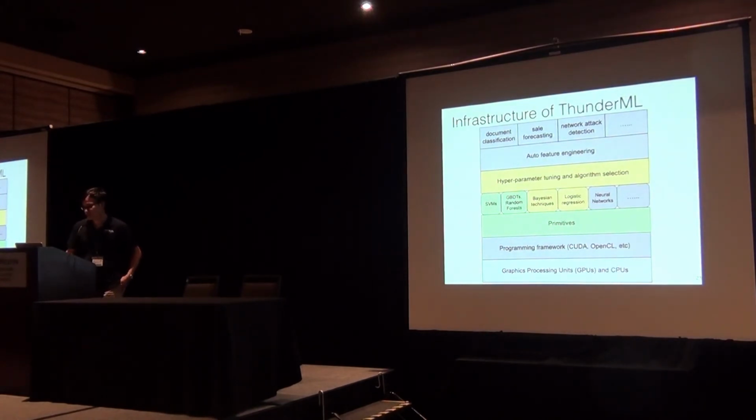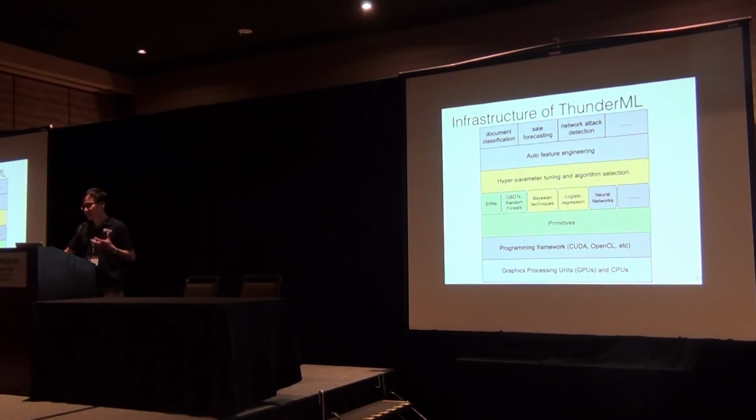This figure shows the key infrastructure of our ThunderML project. At the bottom, we have the computation devices, including GPUs and CPUs. And then we have the programming framework. We aim to develop a set of primitives which can support different kinds of machine learning algorithms, such as SVM, GBDTs, etc. And then we have a layer for hyperparameter tuning and algorithm selection.